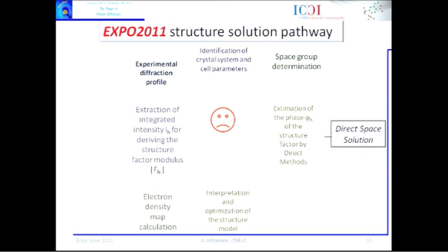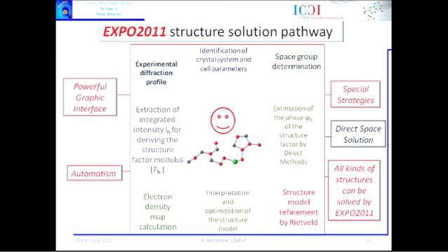Alternatively, it is able to provide the structure model by direct space methods, and finally, it is able to refine the structure model by the refinement method. All this is supported by a very efficient graphic interface, giving the user the possibility to follow step by step the evolution of the program, and a high level of automatism, but of course, special strategies can also be applied for ad hoc problems, and organic, inorganic and metal-organic structures can be solved by Expo 2011.